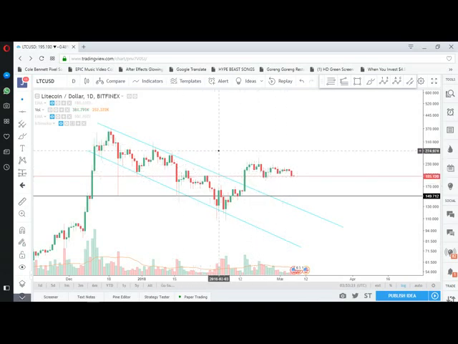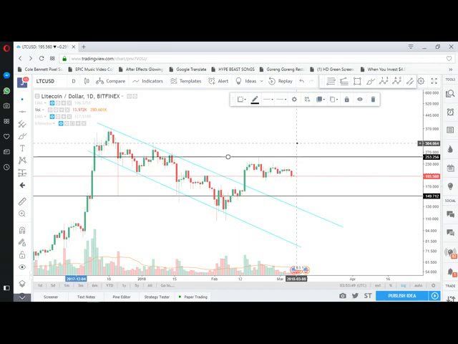So the other one I've got, let's see here. Let me just kind of look. Be something right in here, acting as support and resistance. Yeah, I want to say something right in here. Okay, and so what are we seeing? We're seeing support here.